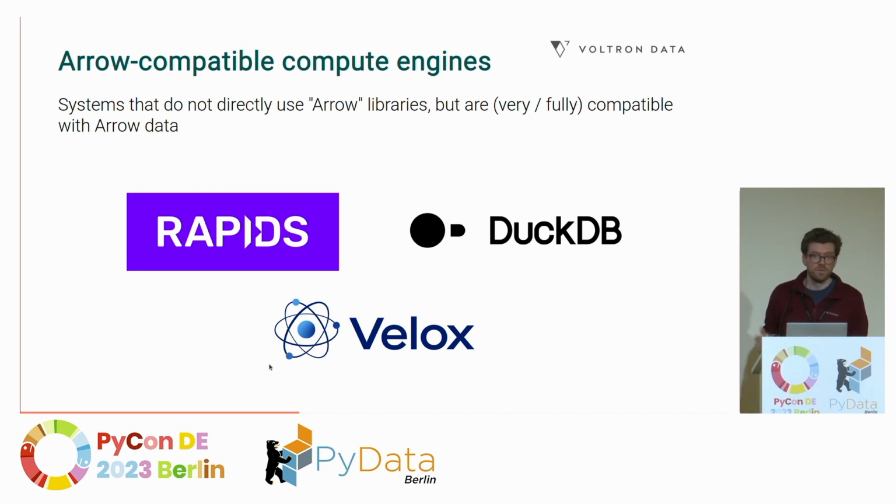So basically the new compute engine from Facebook. They are not using Arrow directly, but they are compatible. So if you have your tooling and you ensure that your data is in an Arrow compatible format, you can very easily integrate all those different tools in your workflows because of this common memory format.